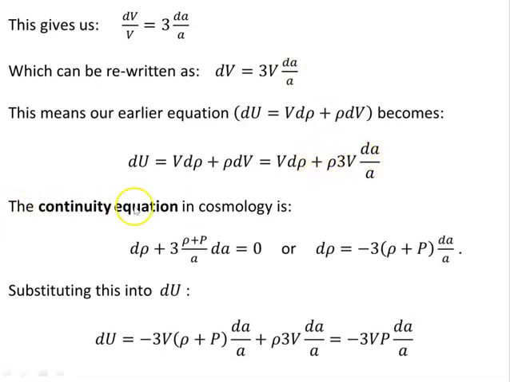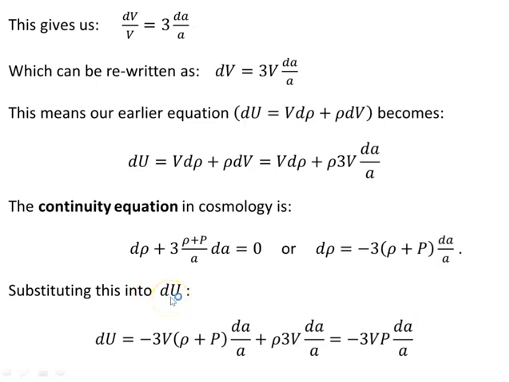We now appeal to the continuity equation in cosmology, which I'll just state here in differential form, giving d rho as this object here. Now we're substituting this into dU.